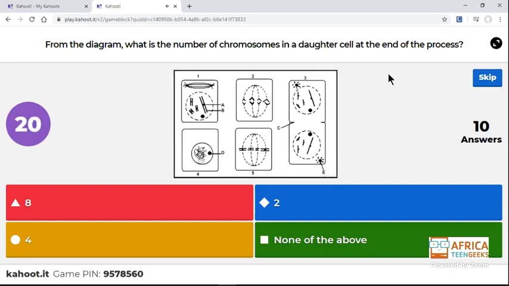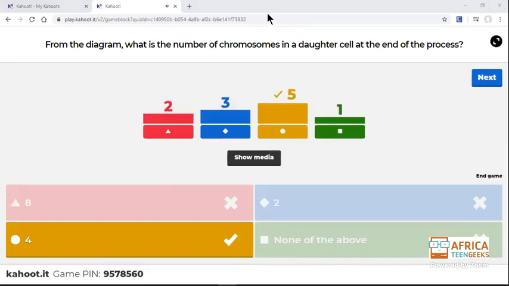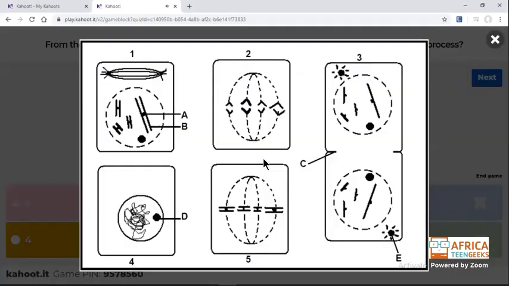So we have 8, 4, 2, or none of the above. So let's look at that again. So these are the daughter cells. So one cell has how many chromosomes? 1, 2, 3, and 4. So one daughter cell has 4.